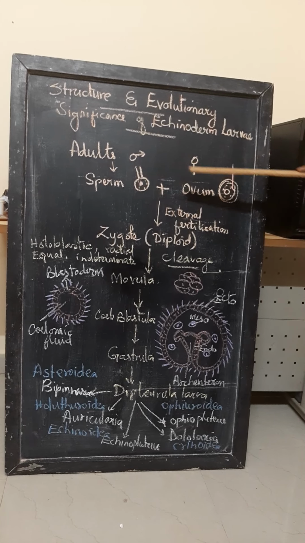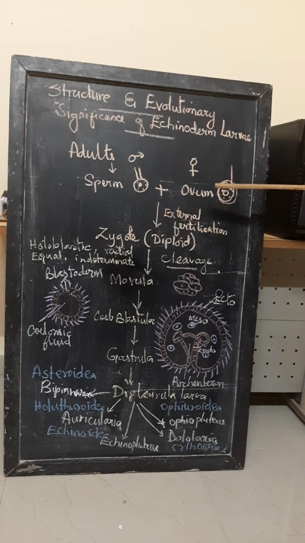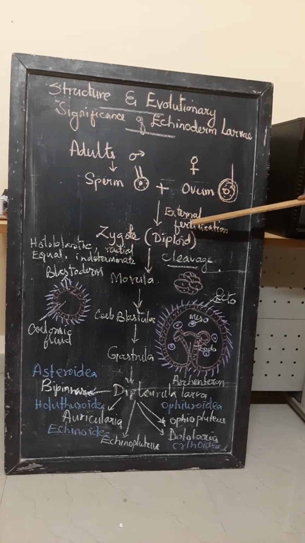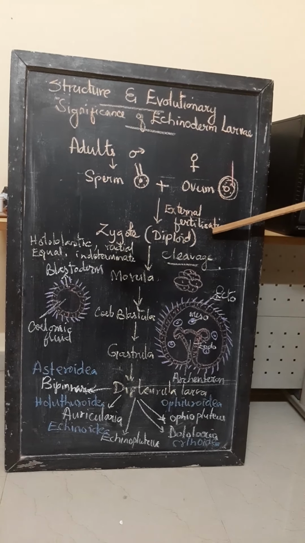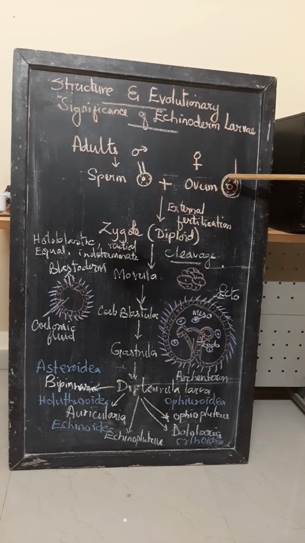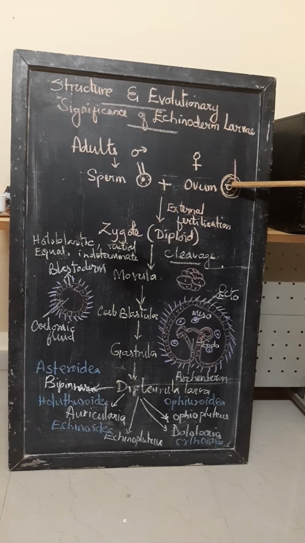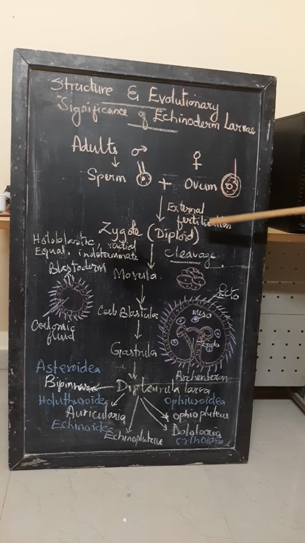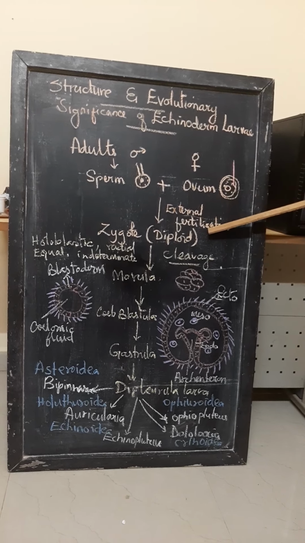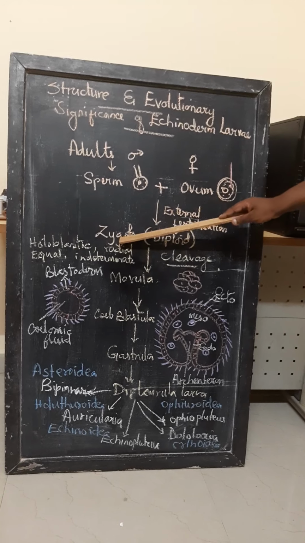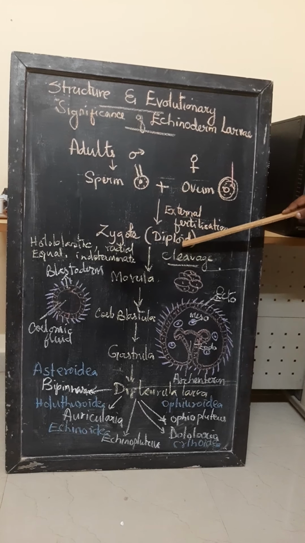After the production of their gametes, they are released into the water, and in the water there occurs the phenomenon of external fertilization. That is to say, the male gametes and female gametes undergo a fusion process, which we call external fertilization. After fertilization, the cell is called the zygotic cell, which is diploid in nature.